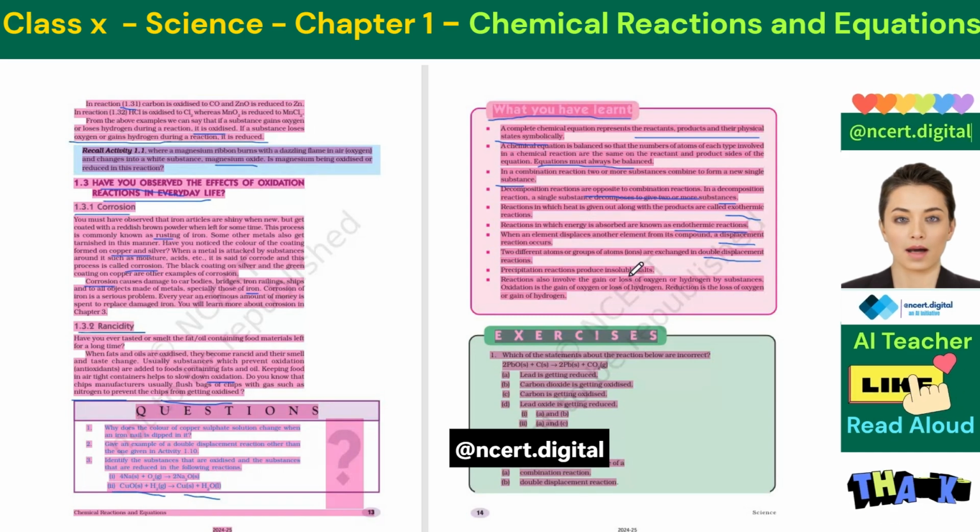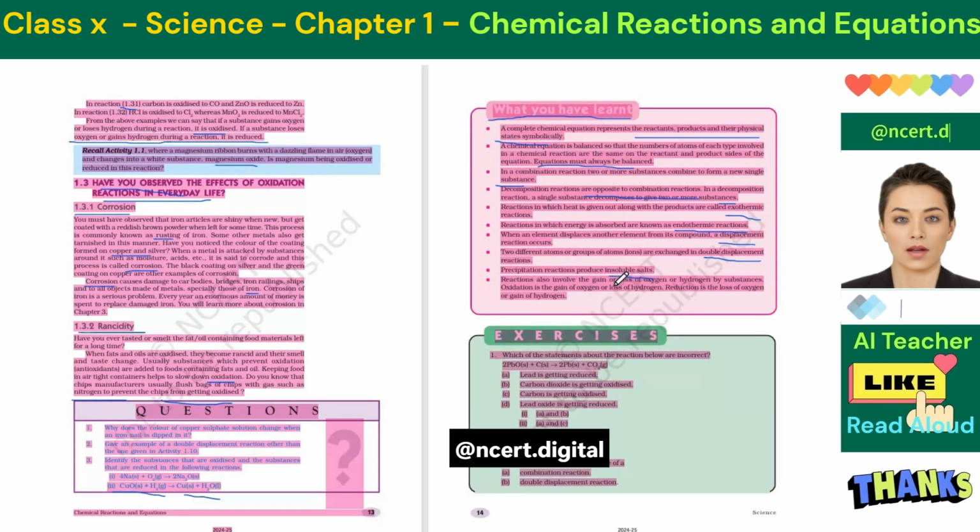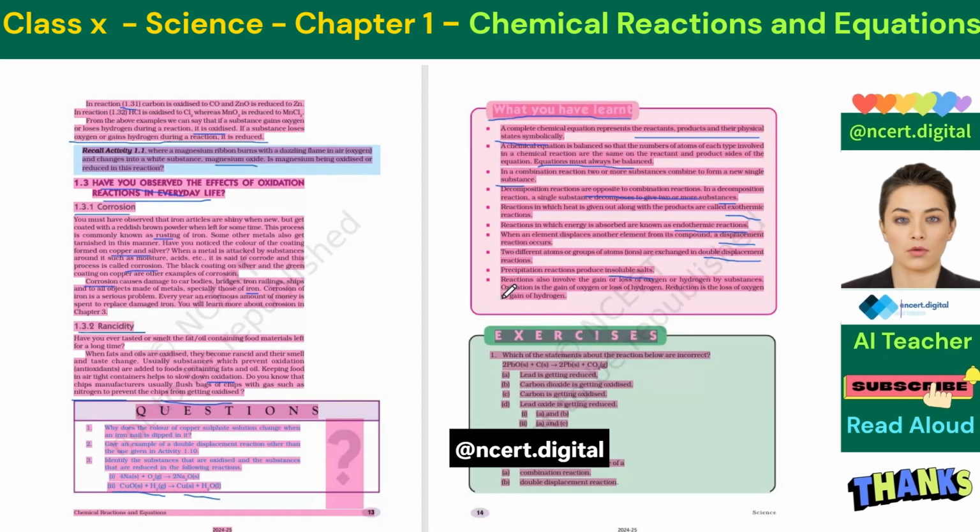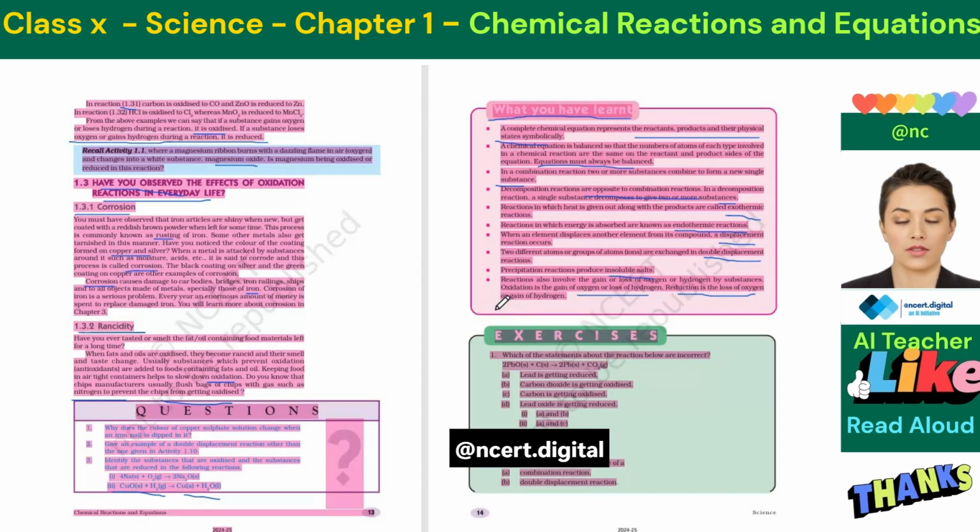Precipitation reactions produce insoluble salts. Reactions also involve the gain or loss of oxygen or hydrogen by substances. Oxidation is the gain of oxygen or loss of hydrogen. Reduction is the loss of oxygen or gain of hydrogen.